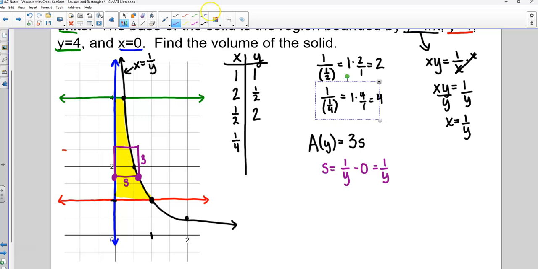Okay, so just like we were doing yesterday, S gets plugged in to our equation. So A of y equals 3 times 1 over y, which I'm just going to go ahead and call 3 over y.